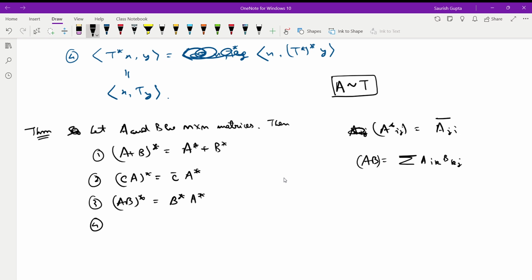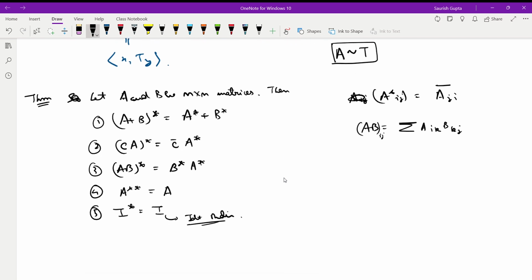I am talking about the ijth coordinate. Okay, then number 4, if you take the adjoint of it twice, you get A itself, and I* is I, where I is the identity matrix. This follows directly from the structure of the identity matrix, because it only consists of ones on the diagonal. In fact, if you talk about a diagonal matrix and its conjugate, it's a pretty trivial structure.